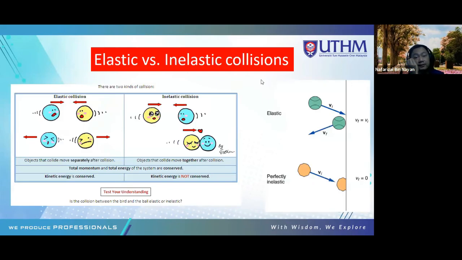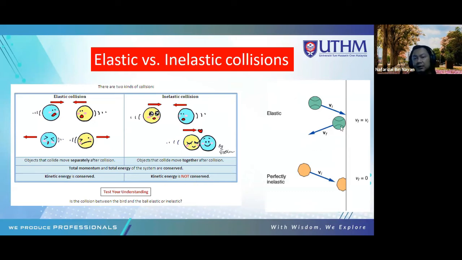It's something like this, right? It's a simple way of showing the elastic collision, where when you move, you hit and then separate away. So kinetic energy is conserved. For the inelastic collision, the kinetic energy is not conserved.